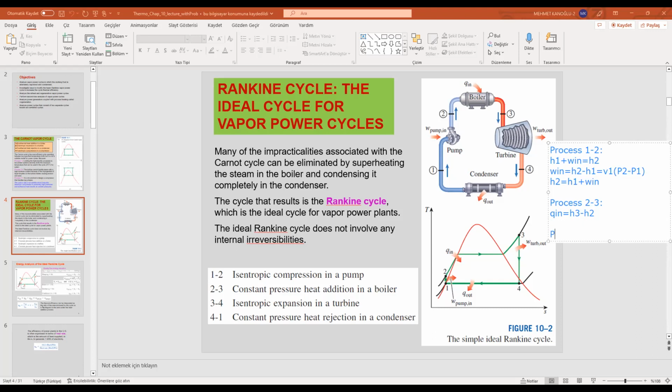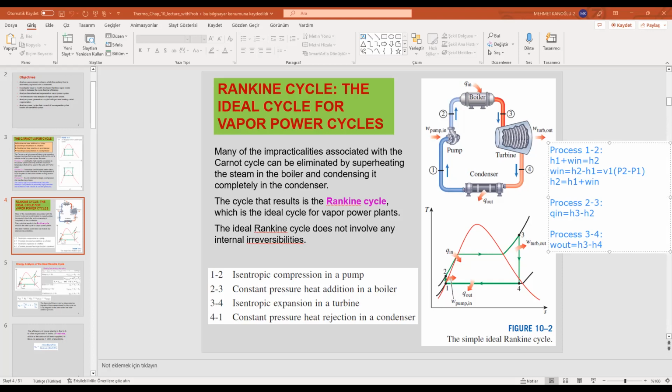Next is process 3, 4, which is the turbine operation, and W out from the turbine is equal to H3 minus H4, enthalpy at 3 minus enthalpy at 4.